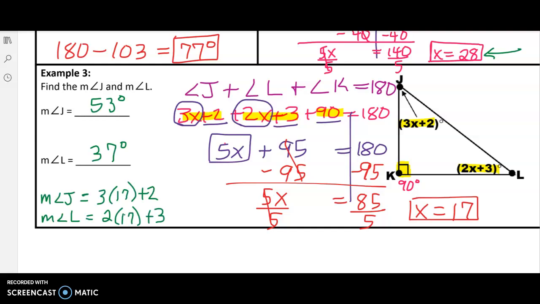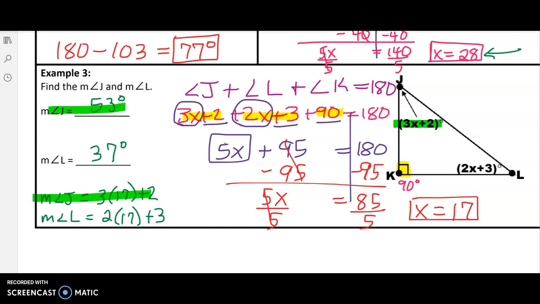Okay, you can see that to find angle J, we use the formula, and I'm going to kind of highlight over here so you can see which one I'm referring to. I'm using angle J, I highlighted it in green as 3x plus 2. So I replace the x with 17, okay, because we found out that x is 17. So 3 times 17 plus 2 gave us 53 degrees.